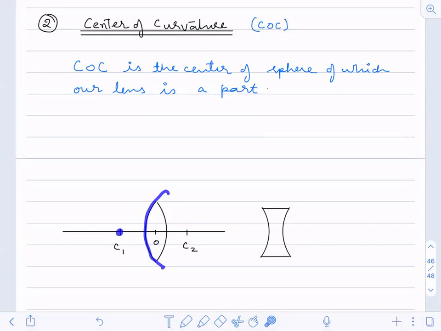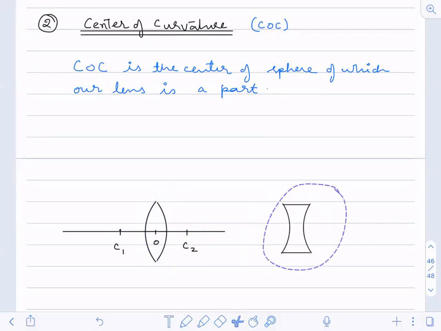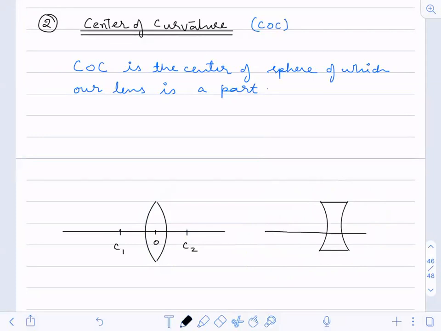No, it's not possible. So what is the correct thing to say? That for this curvature, the center is at C2. That's why we have two different centers of curvature. Same thing I will do for the concave lens also.